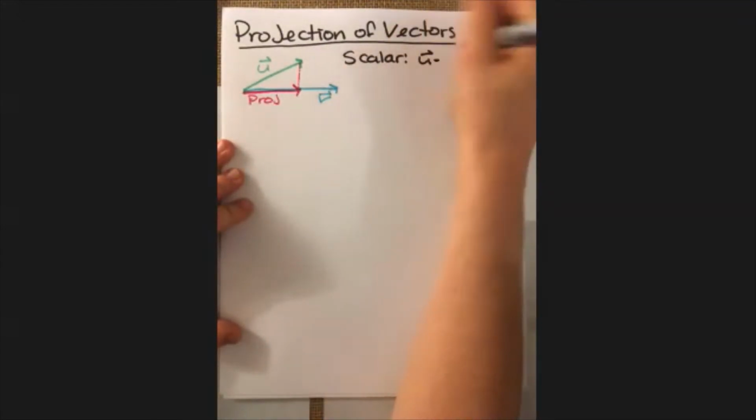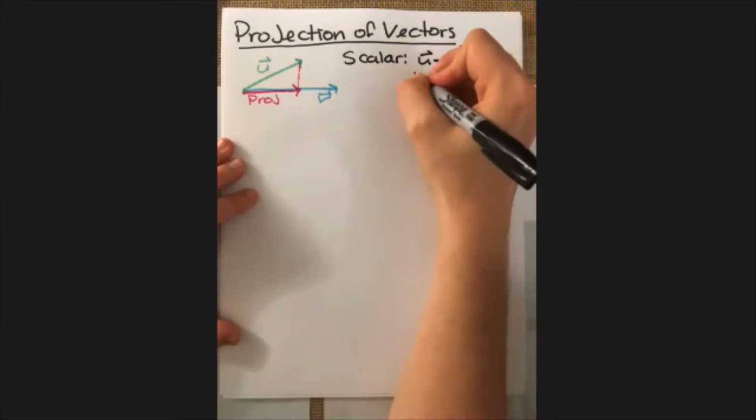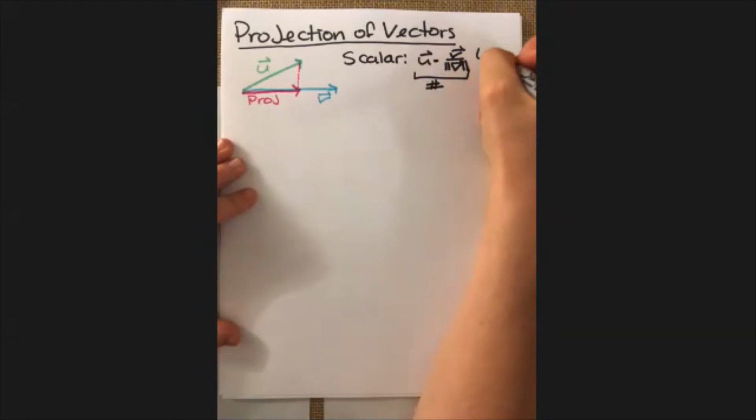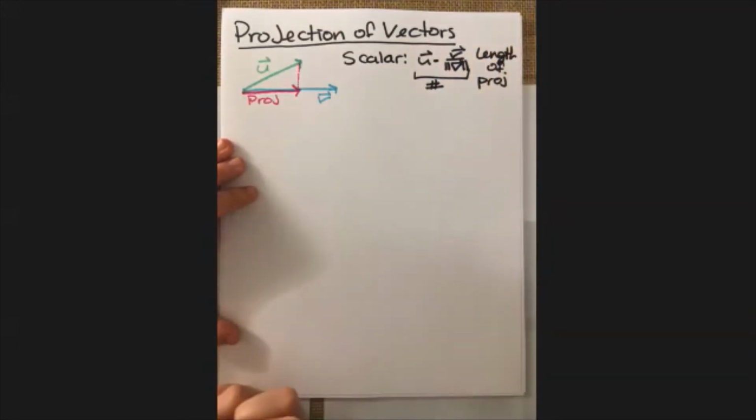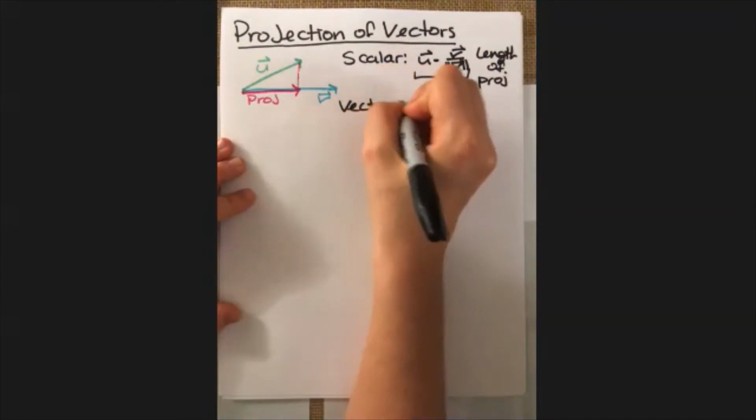So that's u dotted with the vector v divided by its length, okay? So this is just a number, and it gives the length of the projection.